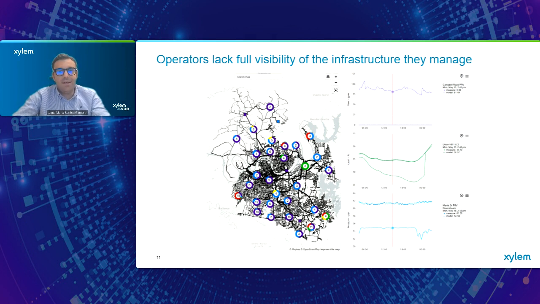But the key here is that the operation of this expensive infrastructure, as we were mentioning before, is typically carried out by using that reduced amount of information, just the information that is in the dots, okay, that is accessible in those points. The rest of the network is not known, or is barely known by the operators.